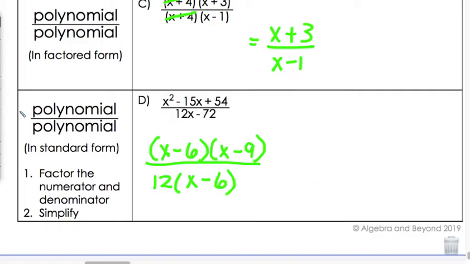And I can simplify anything that is the same. So x minus 6 over x minus 6 is actually 1, and my final answer will be x minus 9 over 12.